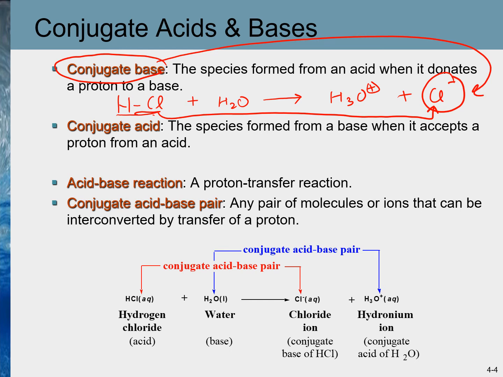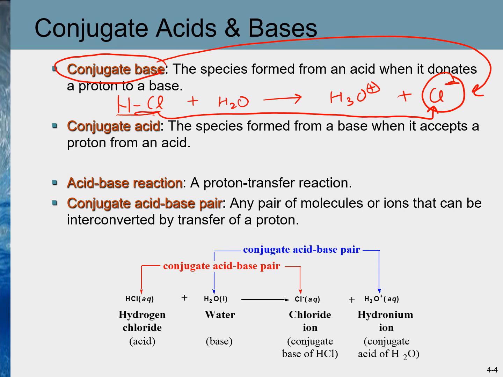So the conjugate base is the species formed from an acid when it donates a proton to a base. In this case, HCl is donating the proton and the leftover part is Cl negative, so Cl negative is the conjugate base.